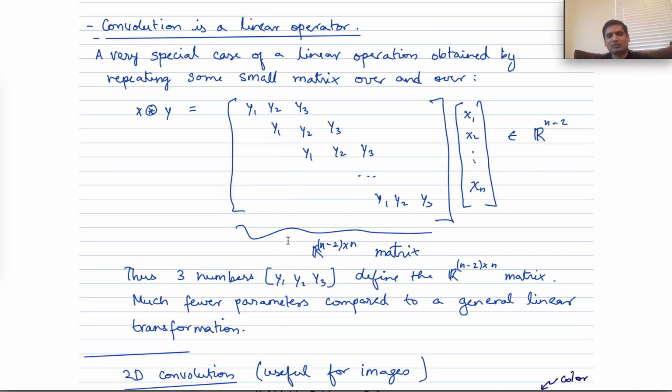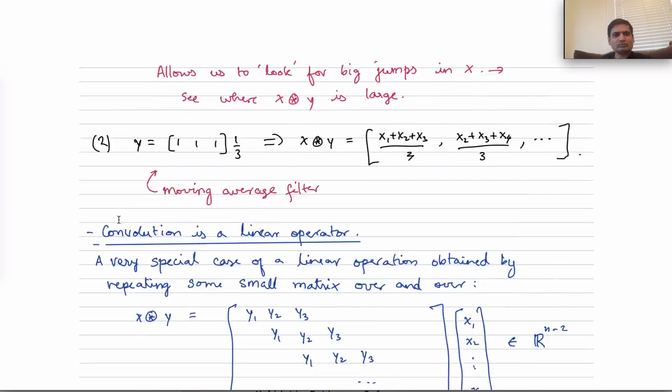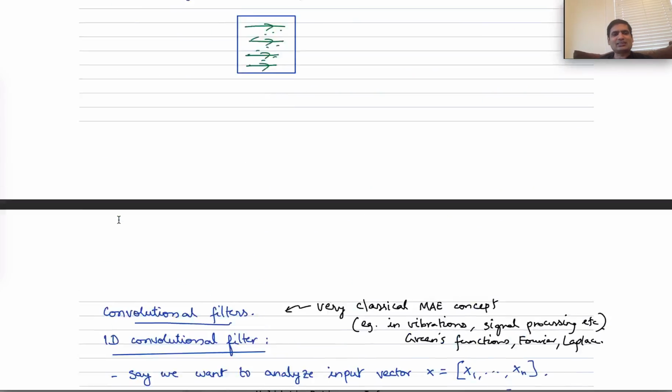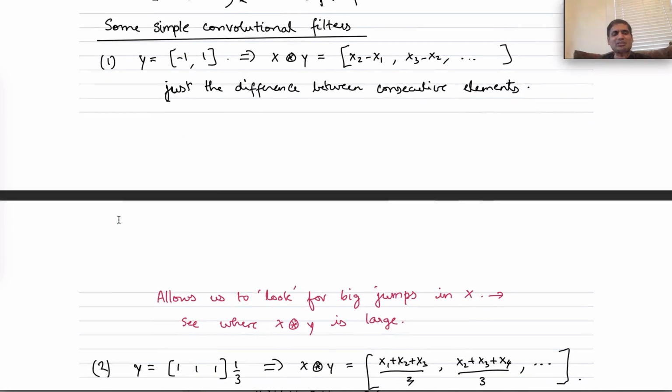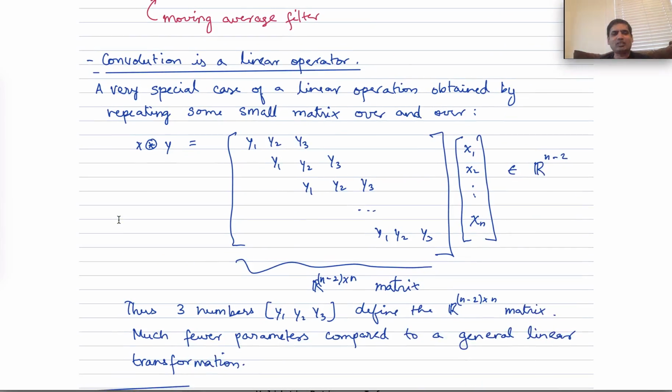But if you construct a convolutional linear operator, then it has only a few numbers that define the full linear transformation. So it's a very special kind of linear transformation, okay? So that's all about 1D convolutions, and let me talk about 2D convolutions in the next video.